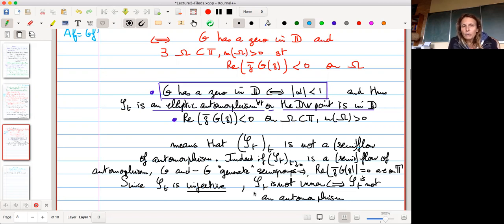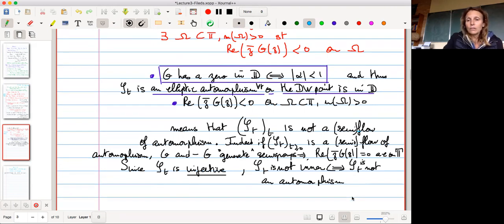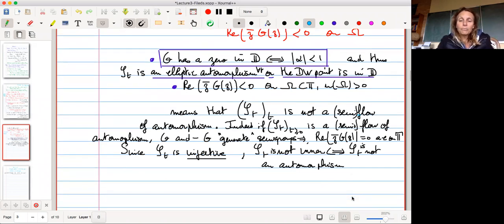So now our criterion was that the symbol is not inner, but if you are not inner and injective, then it's equivalent to being not an automorphism. So you see that the work in the discrete case provides the answer for the semigroups.